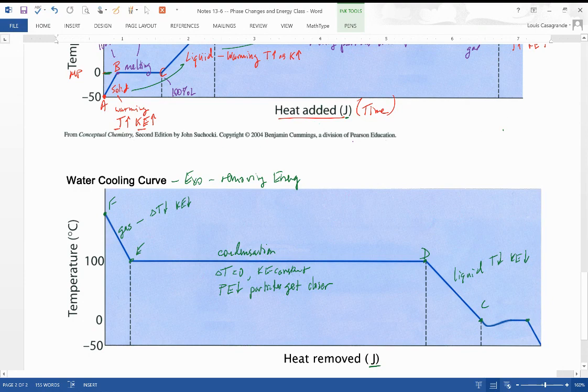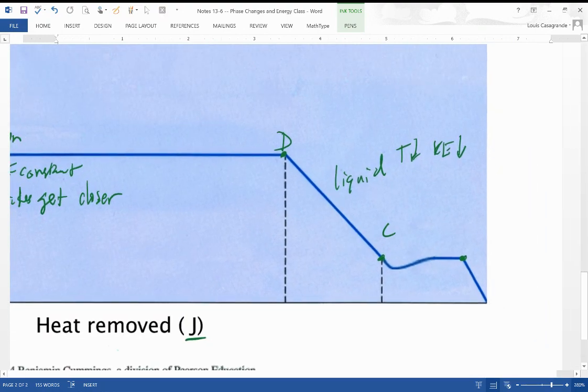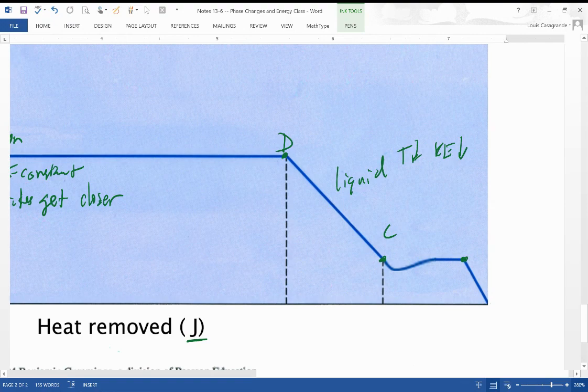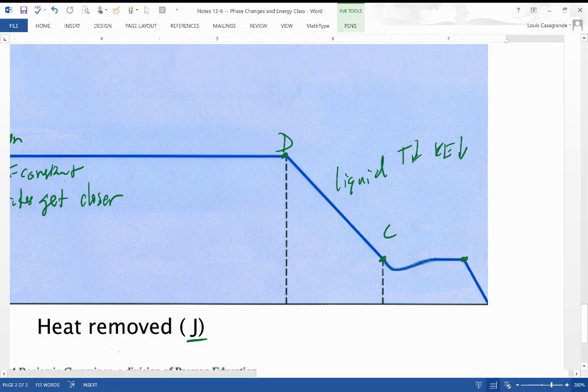Let me blow this up a little bit so that you can see it a little more clearly. So what happens here is not every liquid does this, and you don't see this every time, but occasionally you will see this. And what you see is what's called supercooling.